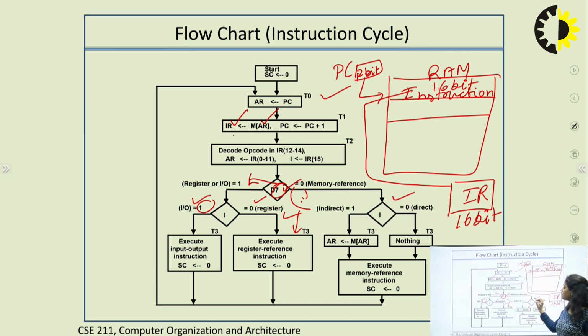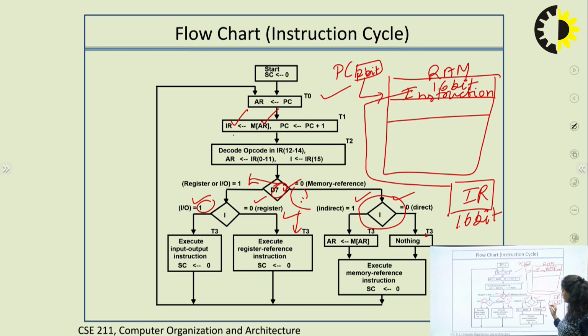Similarly, in the case of a memory reference instruction, when D7 is 0, the opcode may be anything among 000 to 110. So it may be in a direct or an indirect mode, on the basis of the bit 15 mode bit. If it is 1, it is indirect; if 0, it is direct mode.